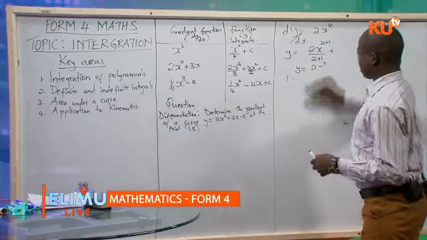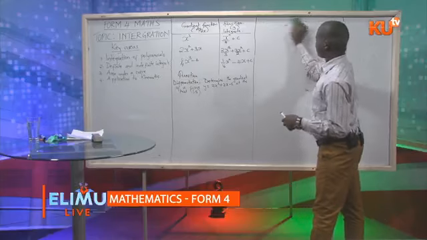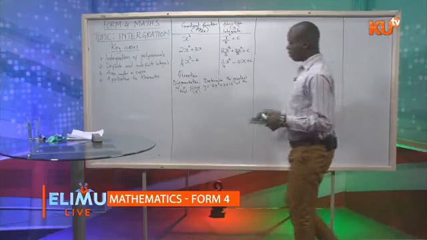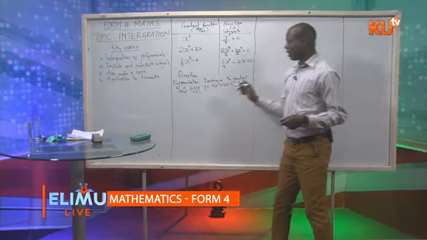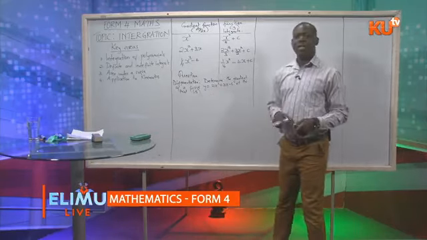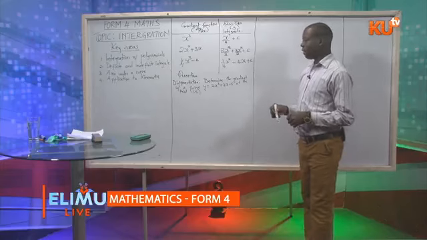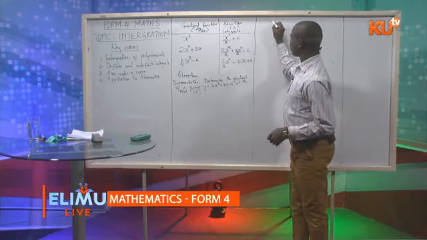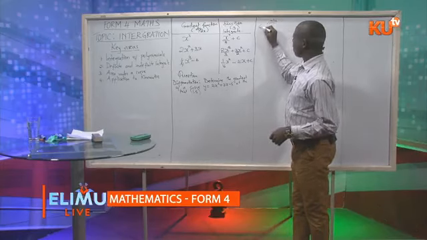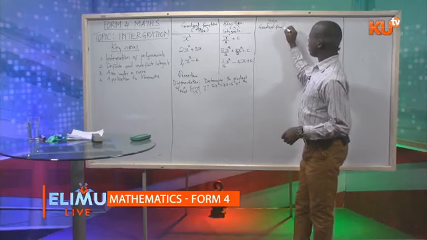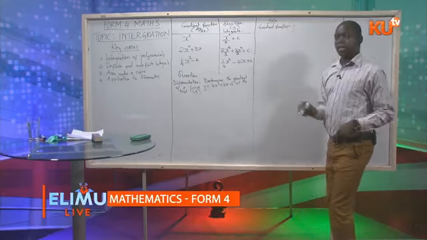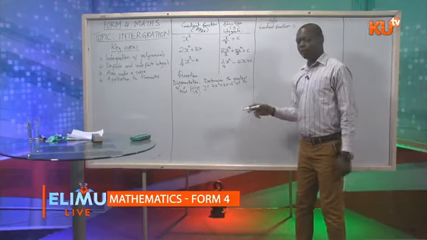So what do we do in this particular case for differentiation? Because we are determining the gradient of the curve at a point, the first thing that we need to do is to obtain the derivative, which is the gradient function. So our solution will be: gradient function, which is the dy dx, is we differentiate.